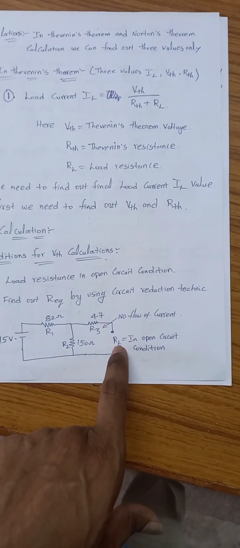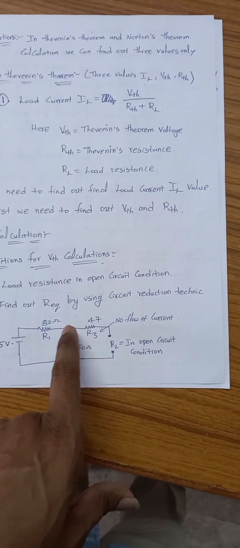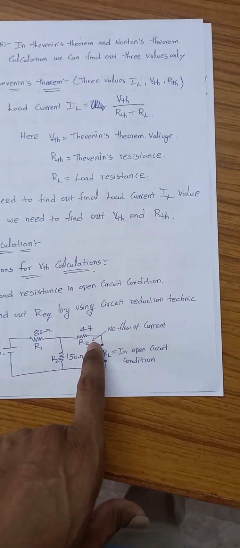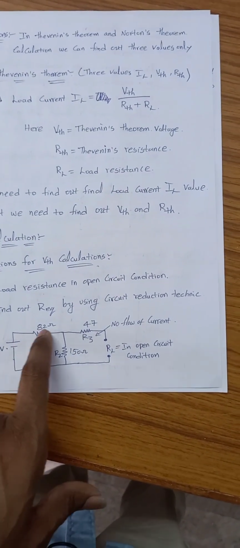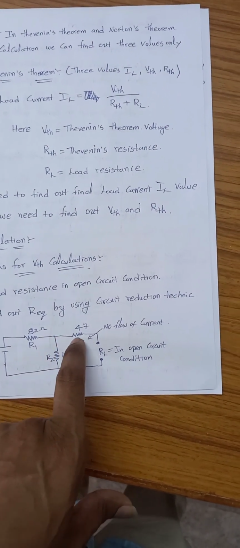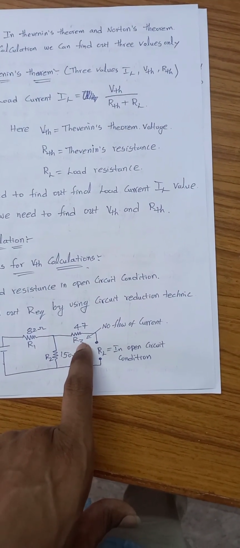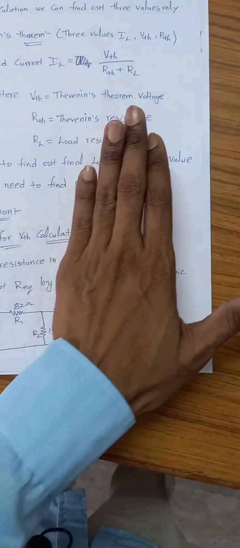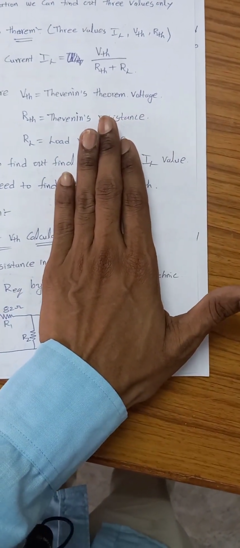Whenever I open this load resistance, automatically there is no flow of current through this resistance. It means whenever the current reaches this particular node, there is no flow of current through this resistance, because when we do an open circuit here, this entire loop will be an open circuit.